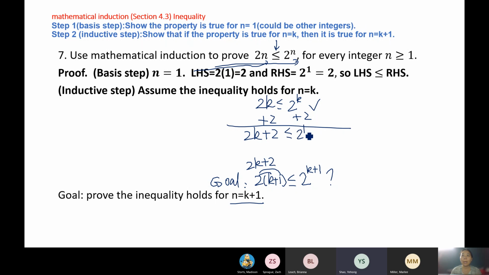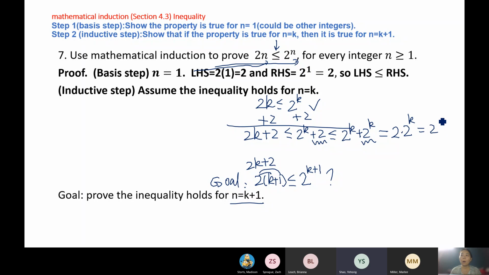On the right-hand side, unfortunately, we cannot get 2 to the k plus 1 directly, but notice that this is going to be smaller than or equal to 2 to the k plus 2 to the k, okay? Because 2 apparently is going to be smaller than 2 to an exponent, right? This is 2 copies of 2 to the k, because x plus x equals 2x, right?